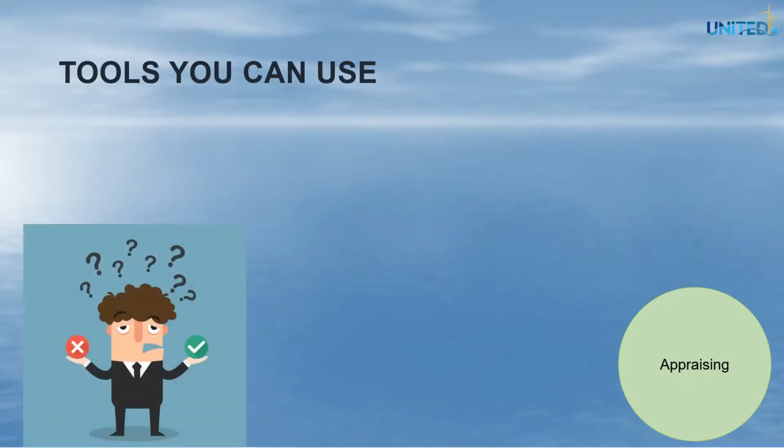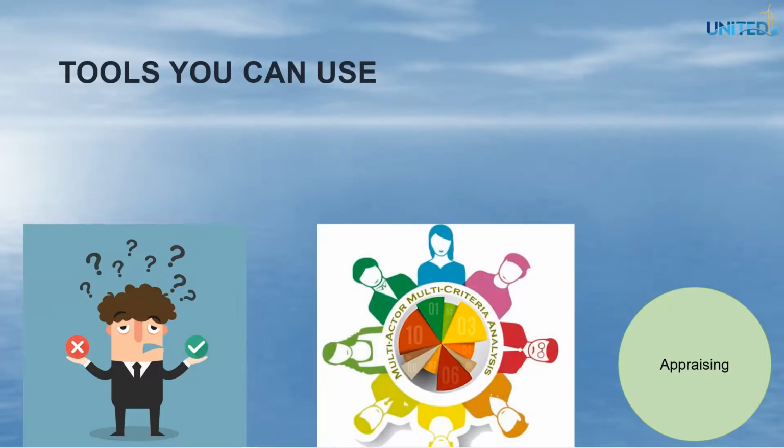Now, making choices on your own is already quite complicated. When you have to make a choice with a larger group, with people using different criteria, it is even more complex. That is when you can use multi-criteria analysis.